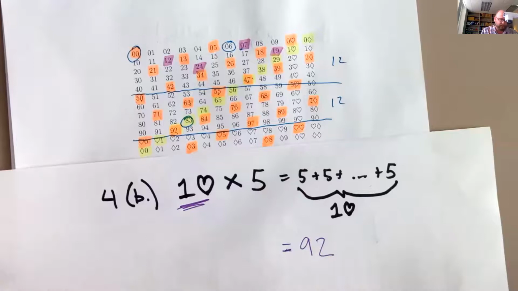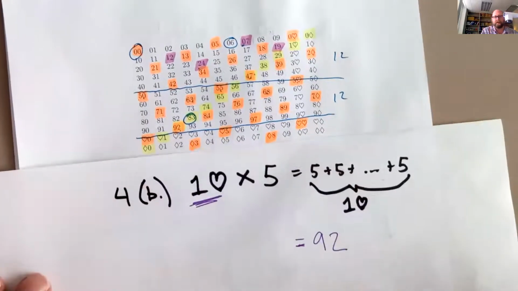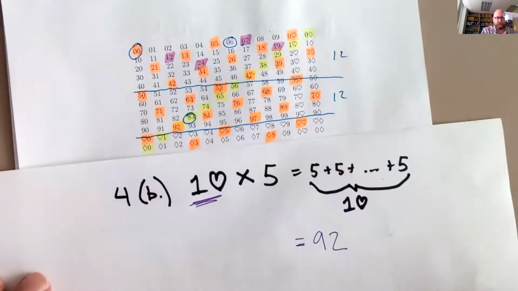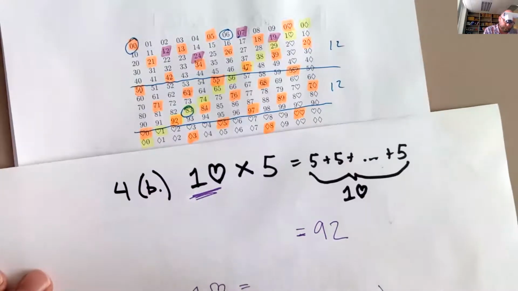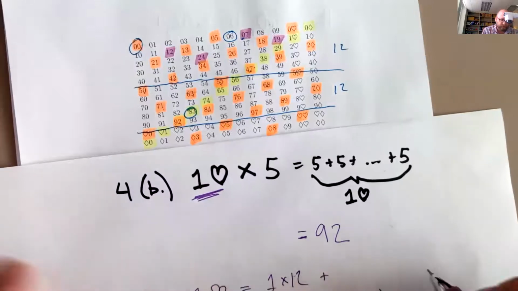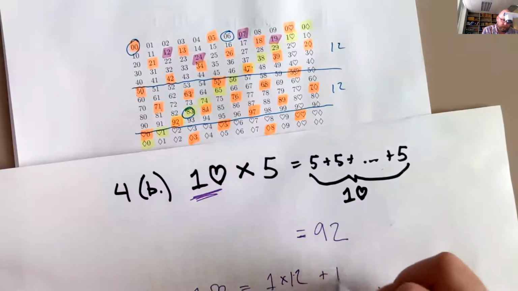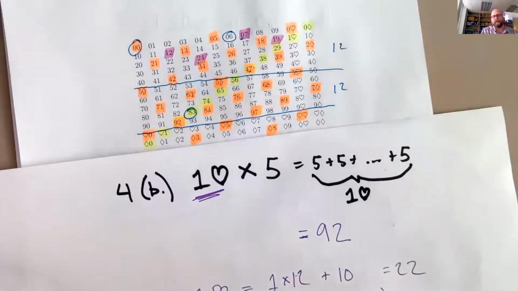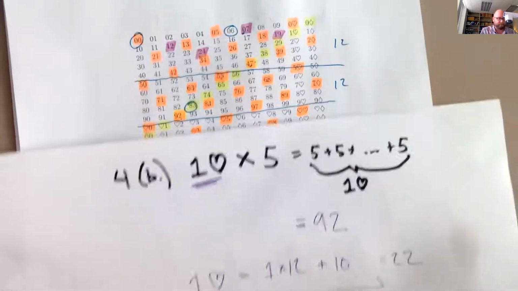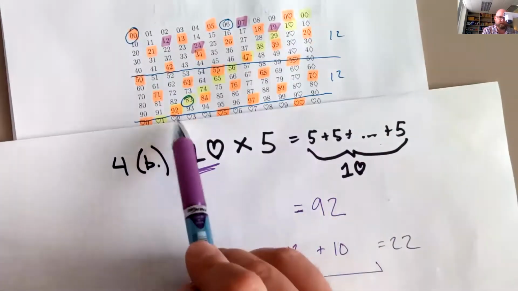But failing that, you could convert this to a regular base 10 number, right? 1 heart is in base 10 1 times 12 plus 10, which is 22. So you're skip counting by 5s 22 times. And if you do that, you end up at the same place where I did.